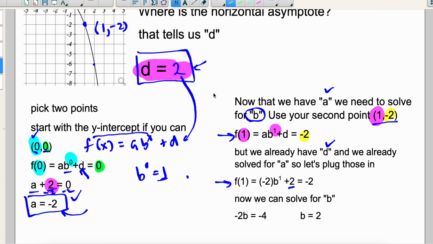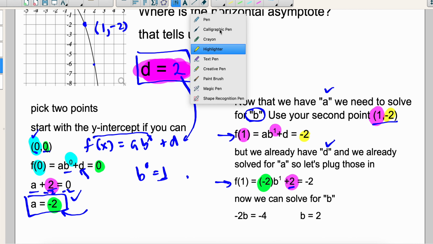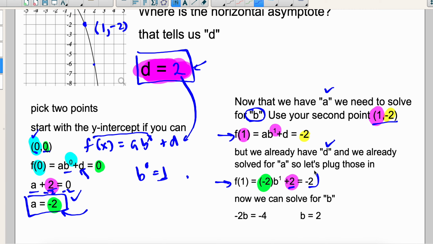So I'm going to plug that value in, I'm going to put a equals -2, right? In this case, d equals 2 from here. And this is my y value here. And this is my x value here, 1.